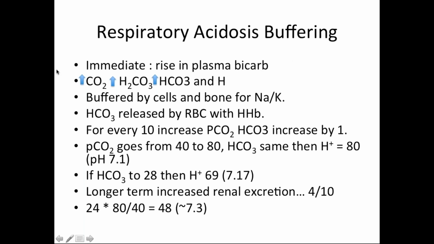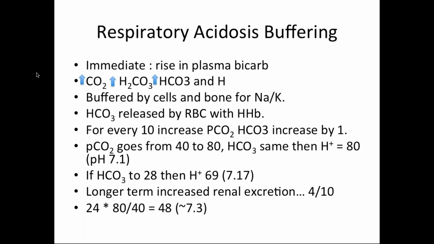You have two components when you have respiratory acidosis. The first component is an immediate rise in the plasma bicarb. So as your CO2 goes up, it makes more carbonic acid. That dissociates into a higher bicarb and H plus concentration. The H plus then gets buffered by the cells and the bone in replacement for sodium and potassium.